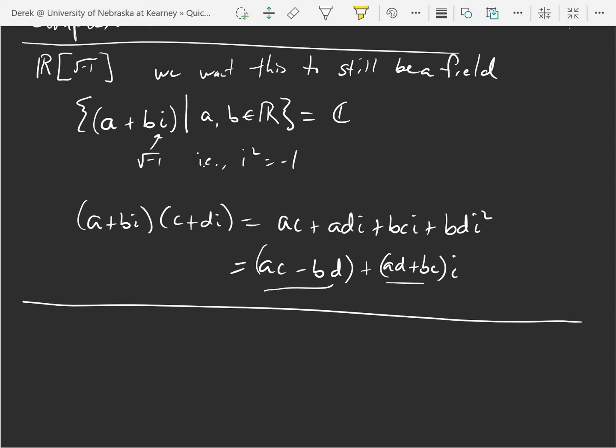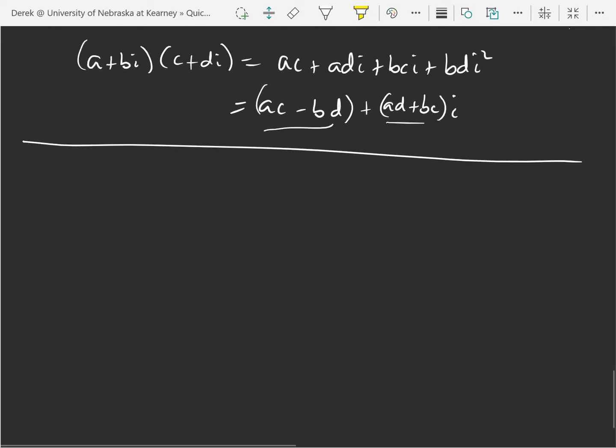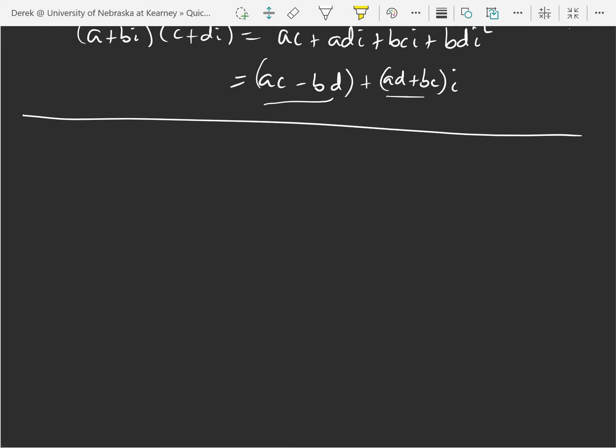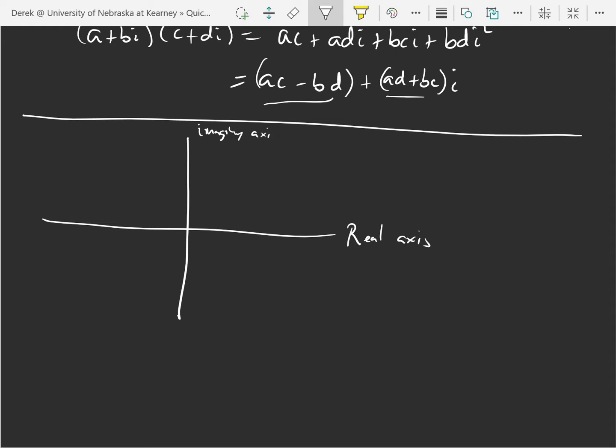We want a little bit more of an analytic way to define the complex numbers. And so what we're going to do is define them slightly differently. And let me draw a picture for this. So here's the real axis, and here's the imaginary axis. So this is the complex plane.